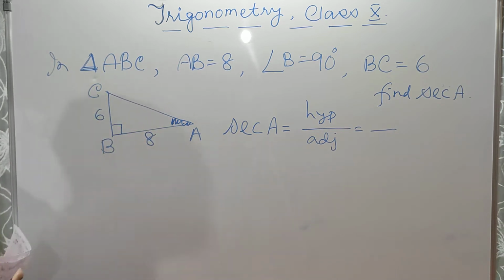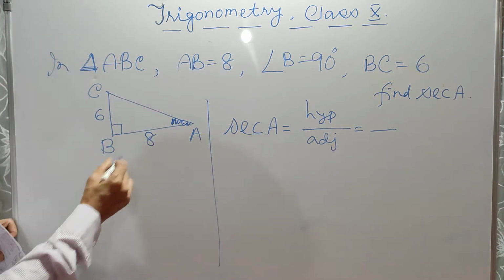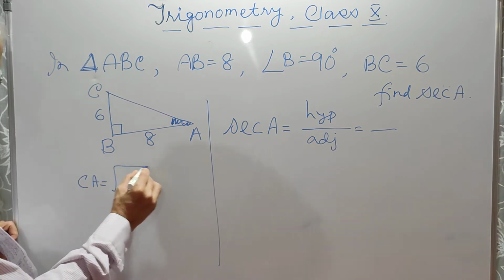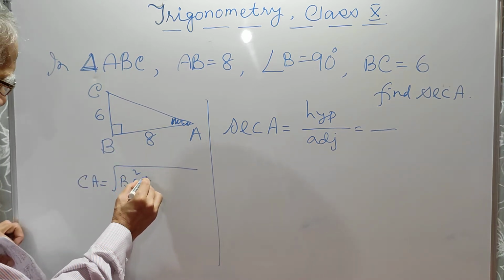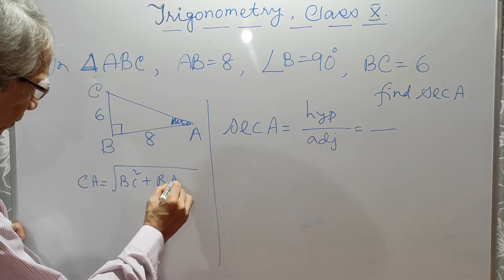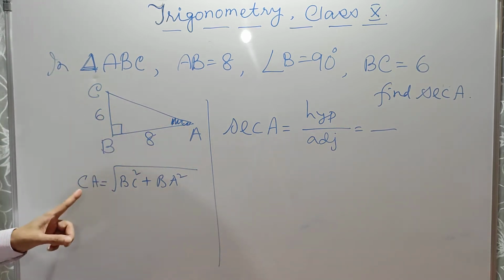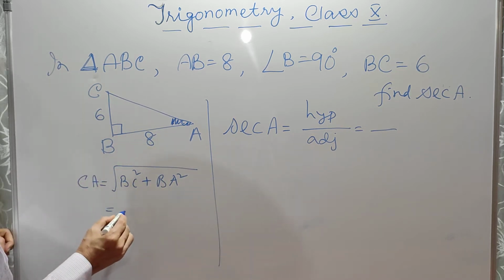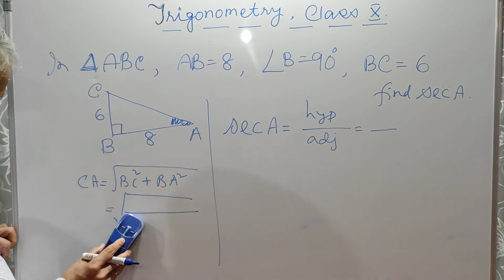First of all, we must find CA using Pythagoras theorem. CA equals the square root of BC square plus BA square.